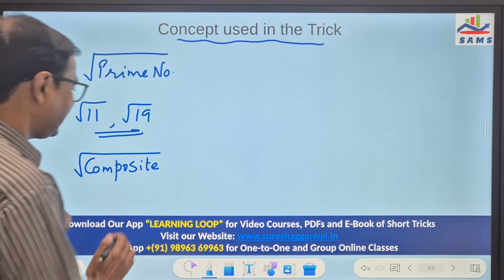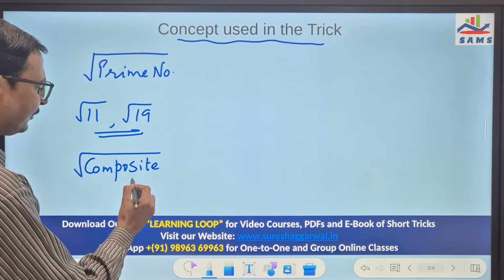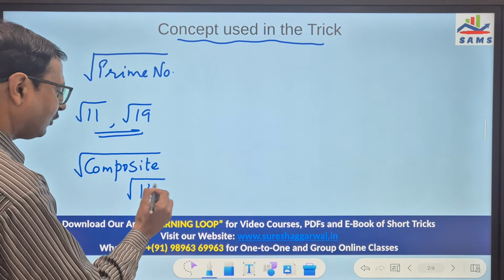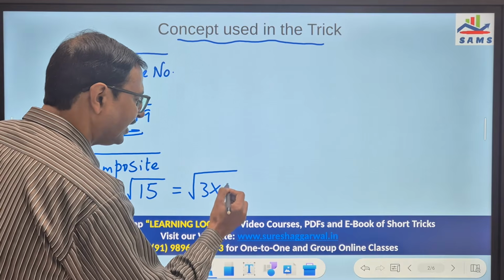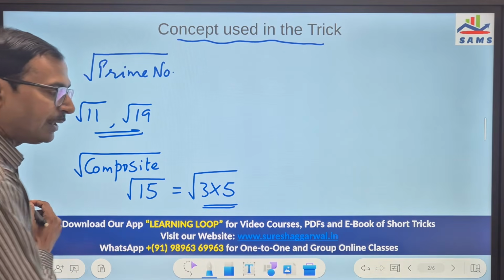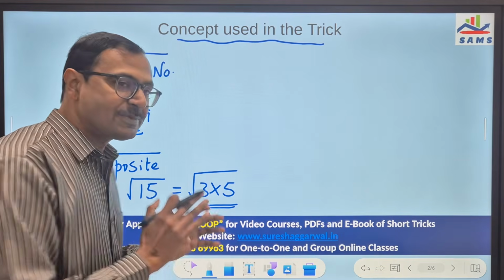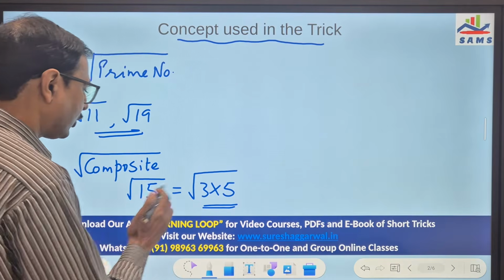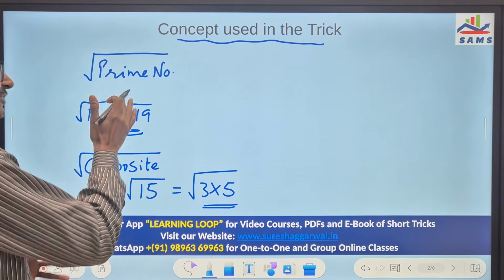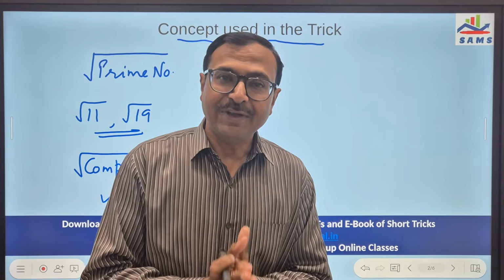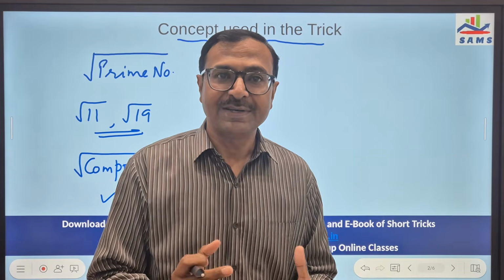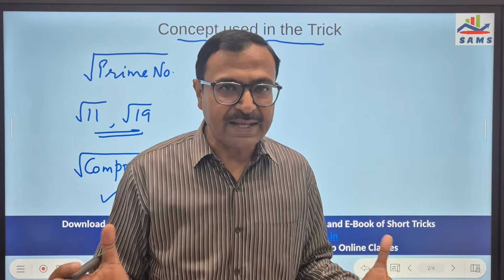Like suppose I say square root of 15. Now what do I do with making the factors of 15 as 3 into 5? I can't do anything with this also, because no factor forms a pair, and therefore root 15 also has to be left intact.